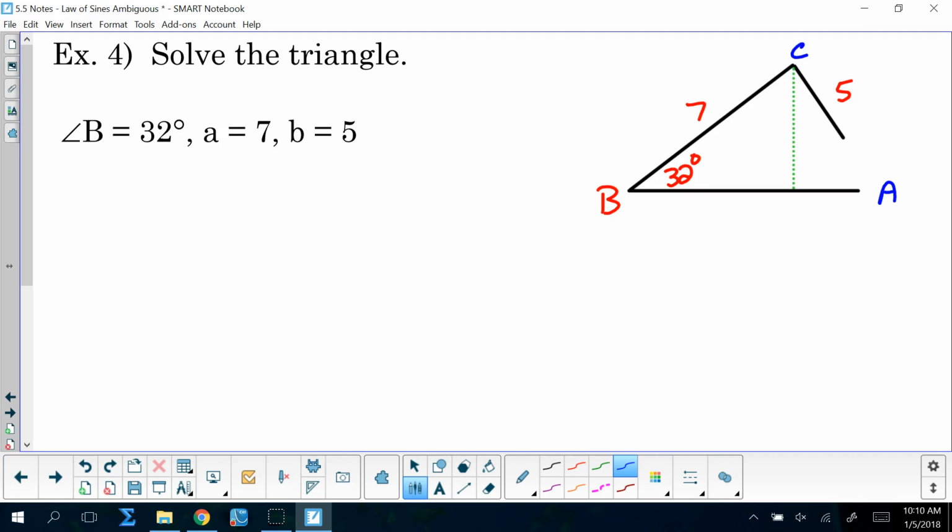First check, is this an angle-side case? Yes, it is an angle-side case. Second check, what kind of angle is given? It's an acute angle.